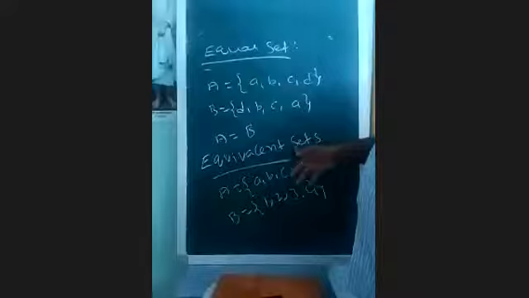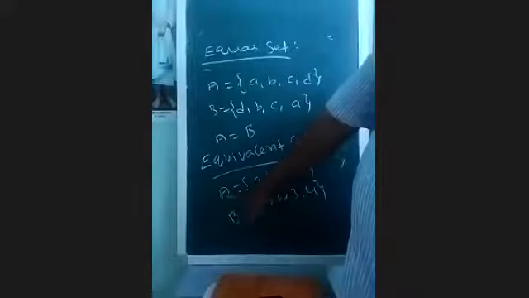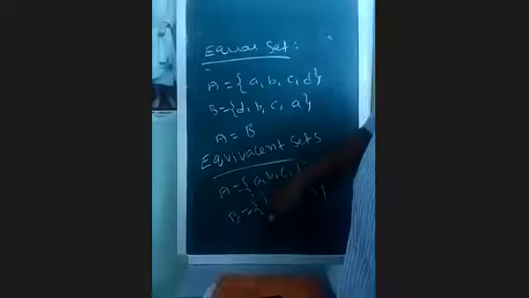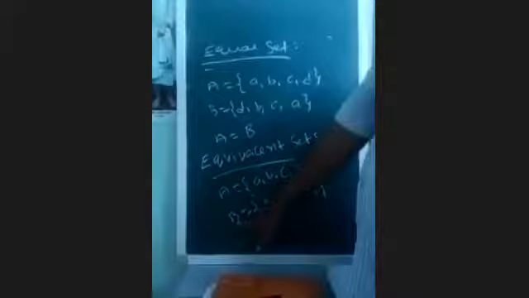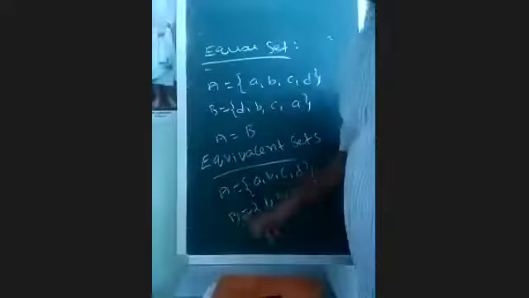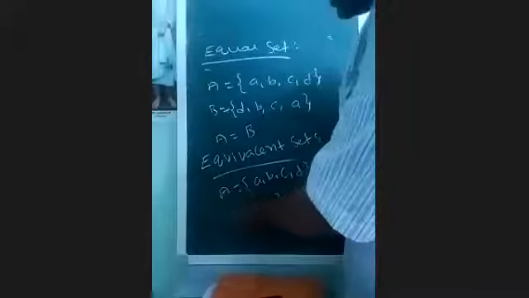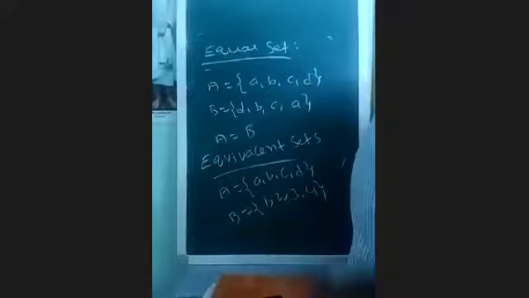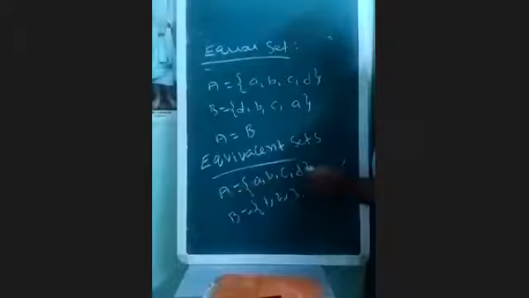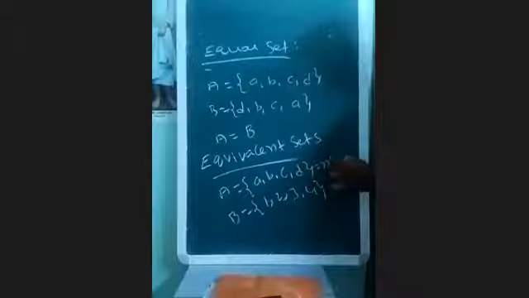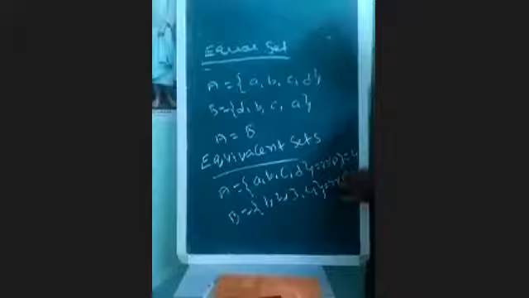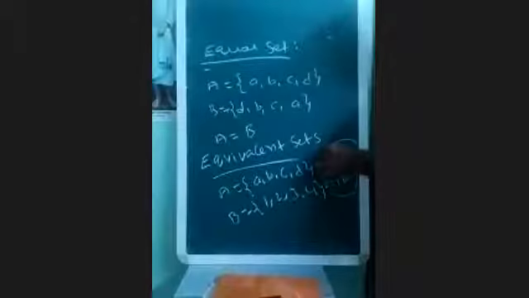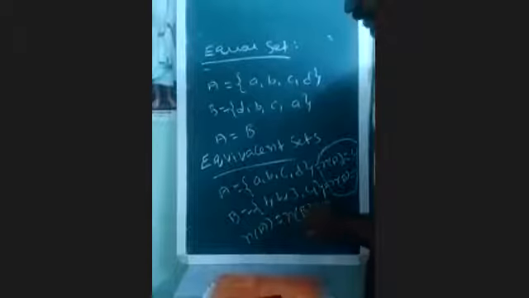The same number of elements, but not the same elements. For set A, the cardinal number is n(A) = 4, and n(B) = 4. You observe the number of elements is equal. It is denoted by n(A) = n(B) = 4.